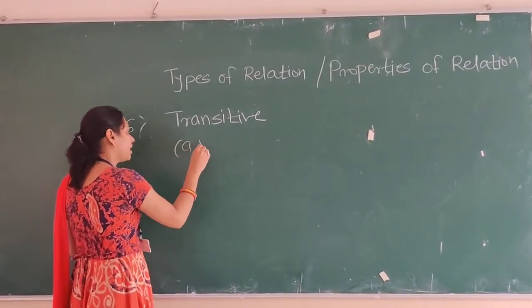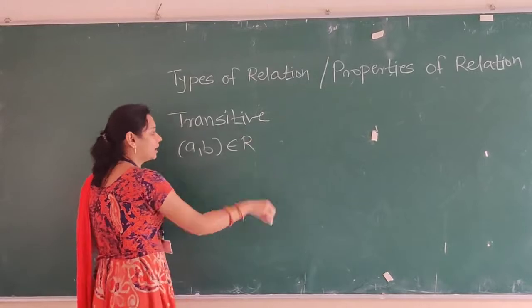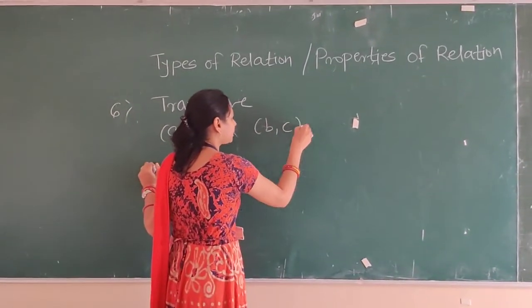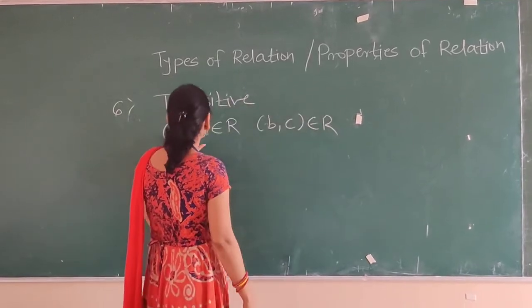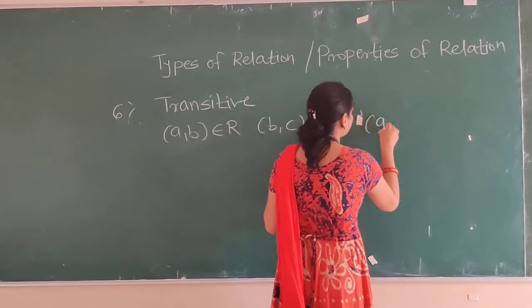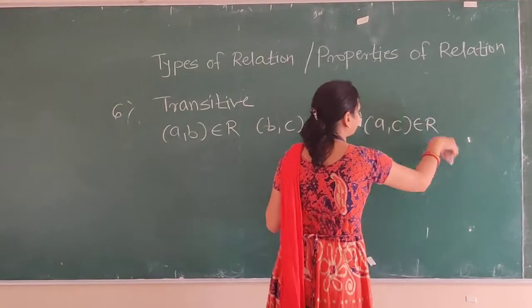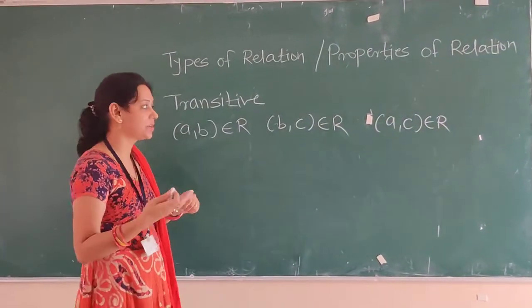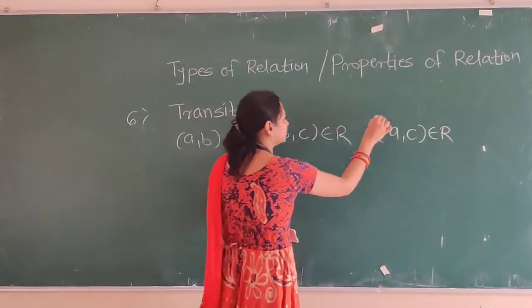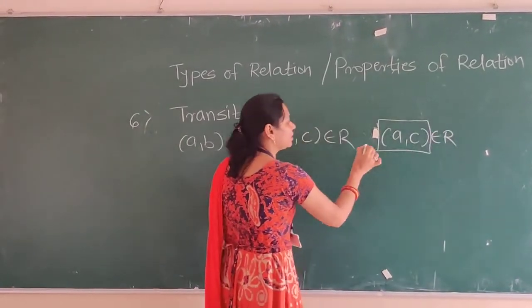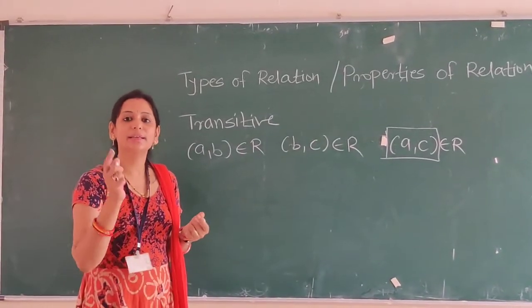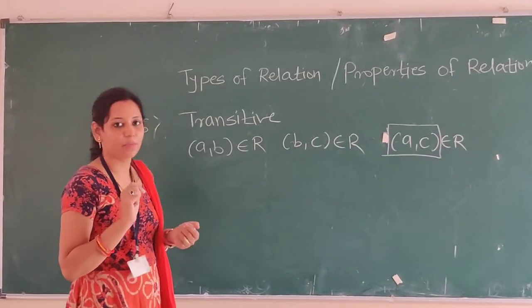If (A,B) belongs to R, and (B,C) belongs to R, then (A,C) belongs to R, then it is called the transitive term or transitive relation. So whenever the transitive term is present in the given relation, it satisfies the transitive property.